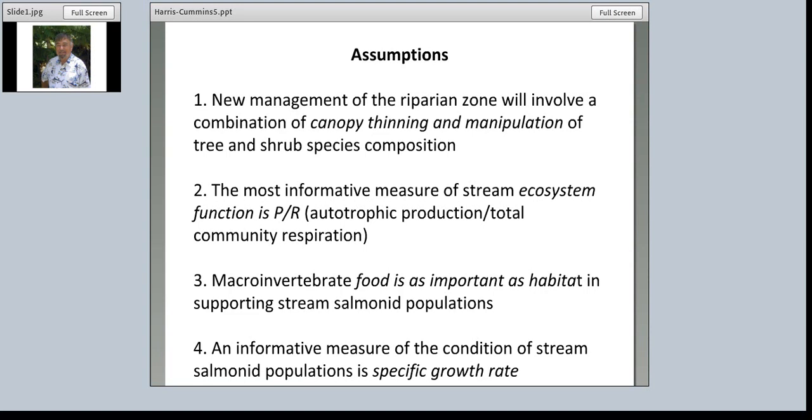The third assumption is that macroinvertebrate food is as important as habitat in supporting stream ecosystem function, and the ones we're considering here are the invertebrates that serve as food supply for the salmonids. I think the general feeling among fisheries people, or at least their stated feeling, is that if you get the habitat right, the fish will be fine.